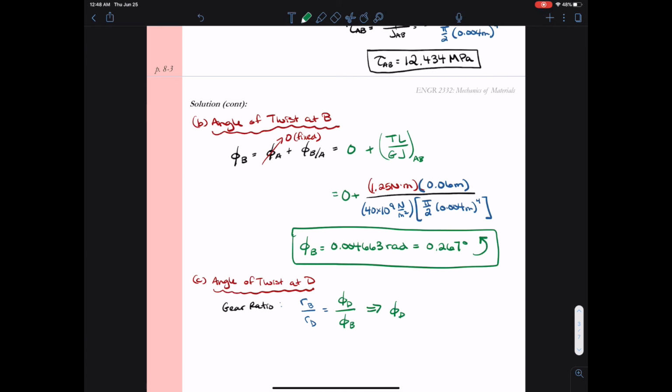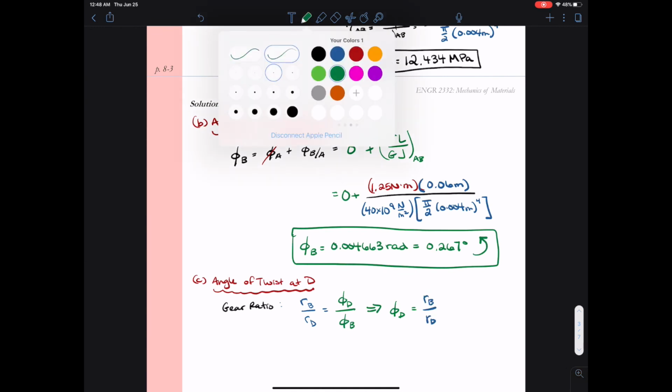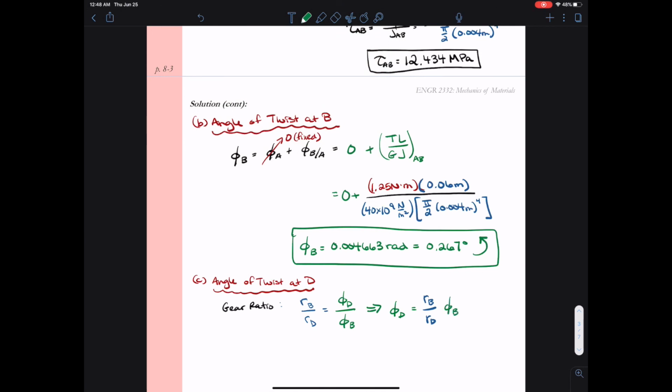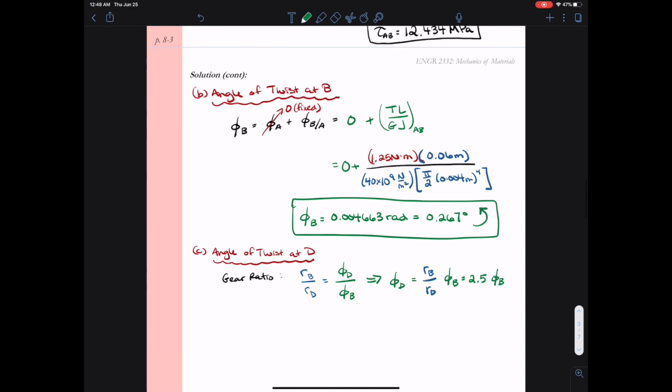If we solve for the rotation at gear D, that will equal the radius of B over the radius of D times the angle of twist of B. Our gear ratio, radius of B over radius of D, was 2.5. So the angle of twist at point D is going to be 2.5 times the angle of twist at point B.